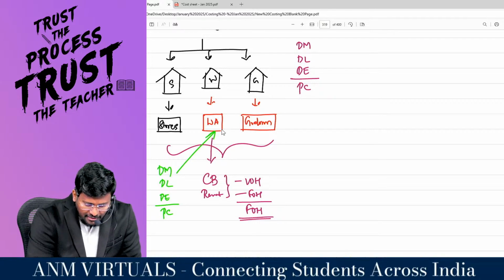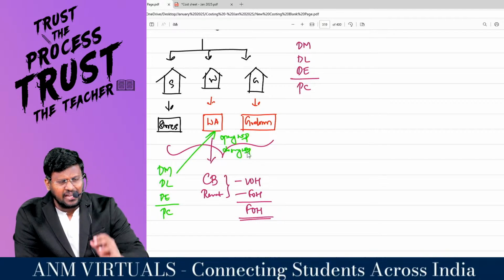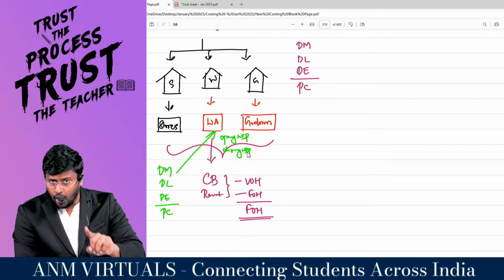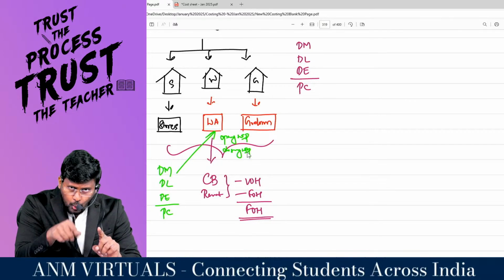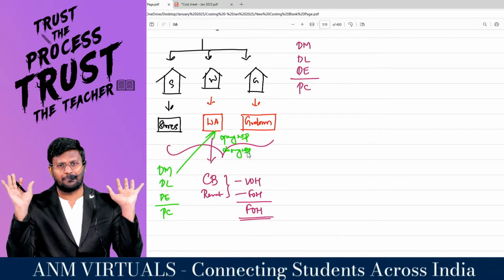In this factory, I will be having opening WIP and closing WIP, my dear lovable students. I will add the opening stock of WIP because that was opening during this particular period, but that would have completed during this period.